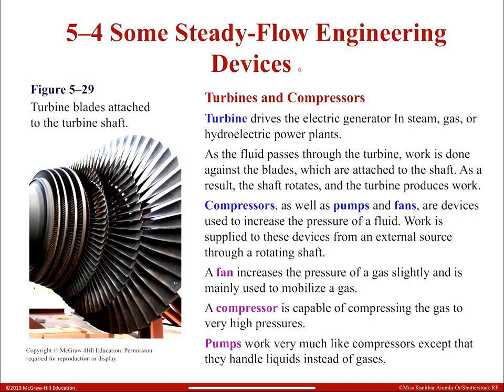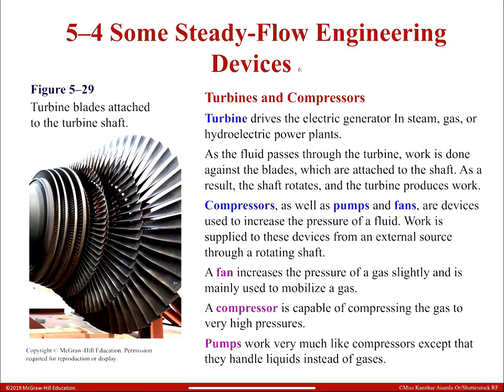But anyways, a turbine drives the electric generator in steam, gas, or hydroelectric power plants. As the fluid passes through the turbine, work is done against the blades, which are attached to the shaft. As a result, the shaft rotates and the turbine produces work. Compressors, as well as pumps and fans, are devices used to increase the pressure of a fluid.